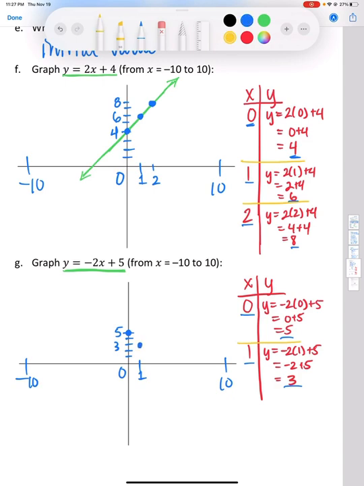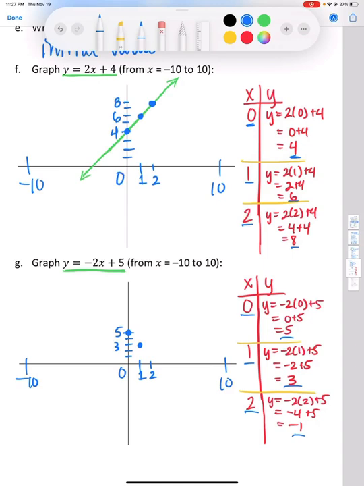All right, one more point, just to verify we're going the right direction. Point number 2. y is equal to negative 2 times 2 plus 5. Negative 4 plus 5 equals negative 1. So we're going to plot 2, negative 1. Oh, sorry, not negative 1, but 1.